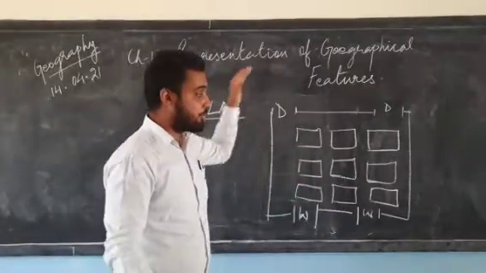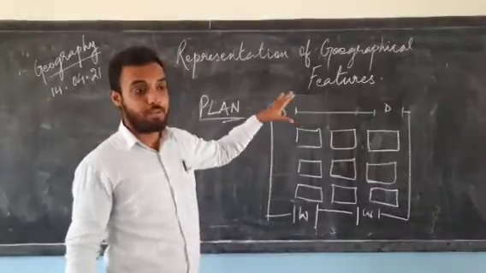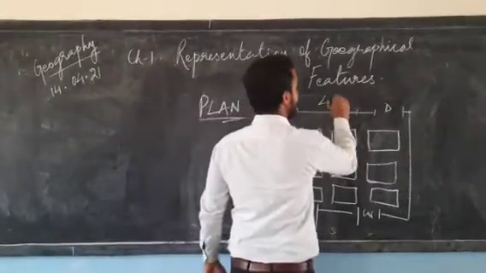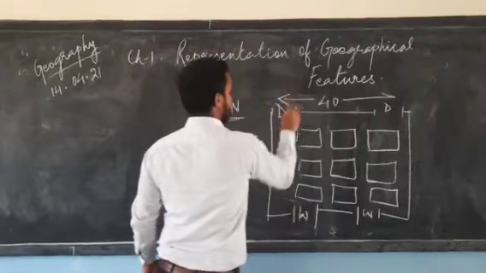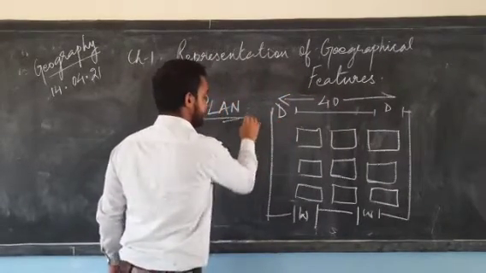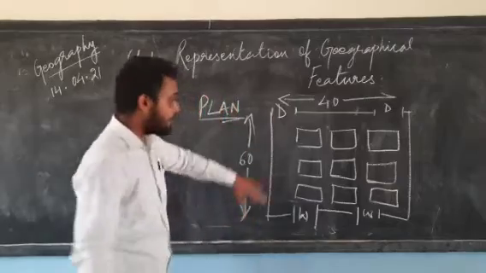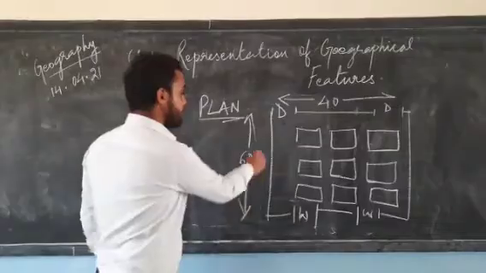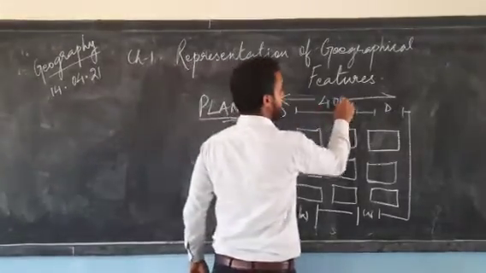Now the measurement, suppose this whole area of land that we have for building a classroom is around 40 by 60. Okay? The length is 60 and the width is 40 feet.